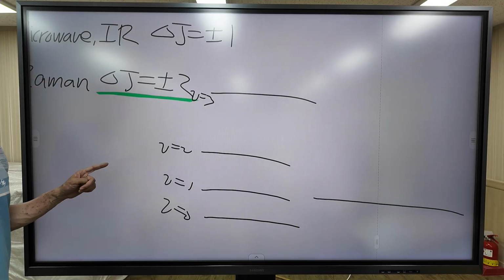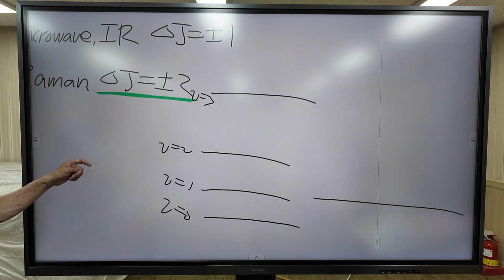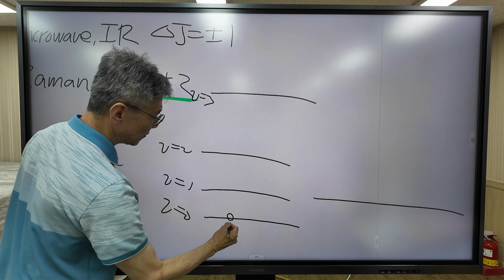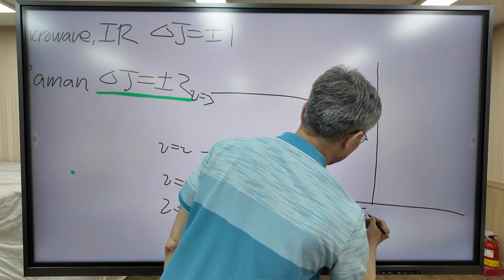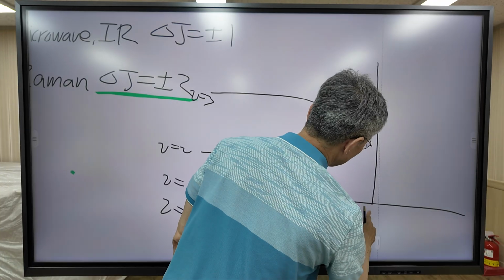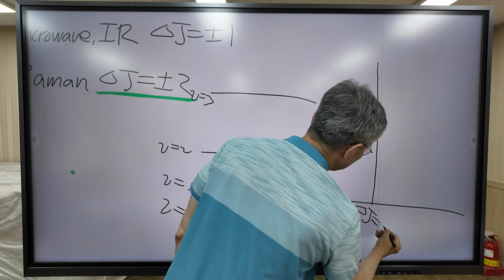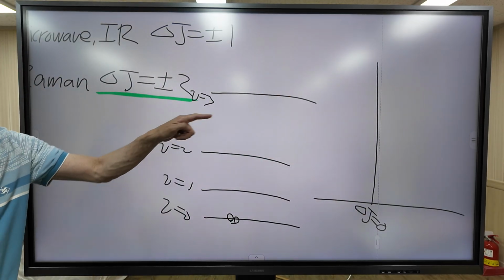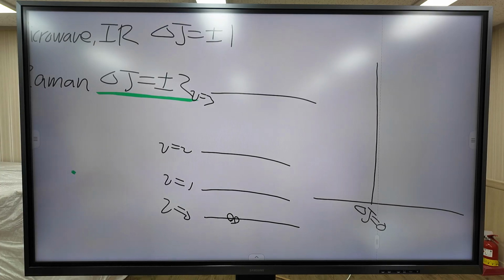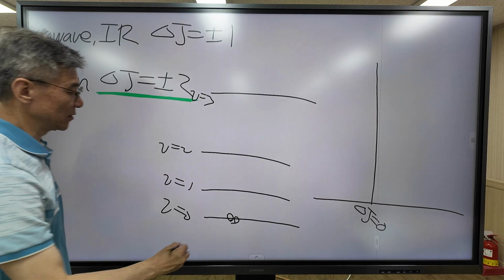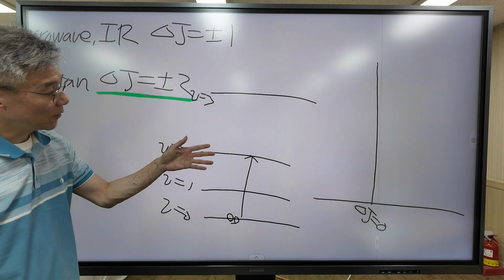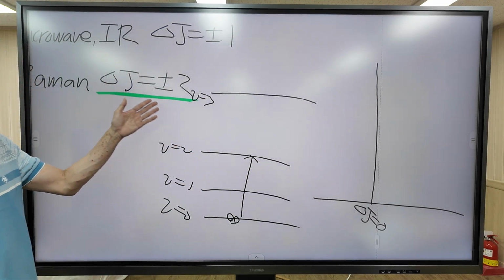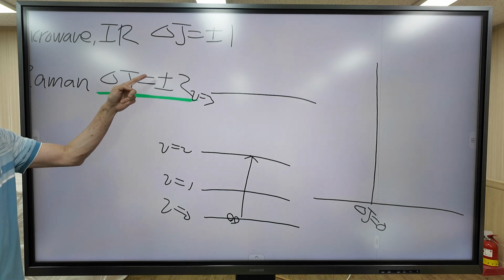Now, when you observe a Raman spectrum, the most intense peak is Rayleigh scattering, 0 to 0. This is the most intense peak, which corresponds to the delta J equal 0 peak. This is the Rayleigh peak. The first Stokes peak corresponds to the transition from J equal 0 to J equal 2, because according to the Raman selection rule, delta J equal plus 2.